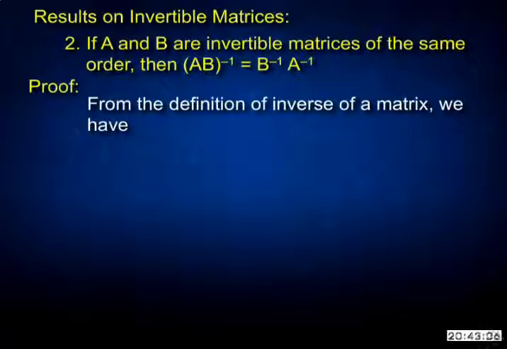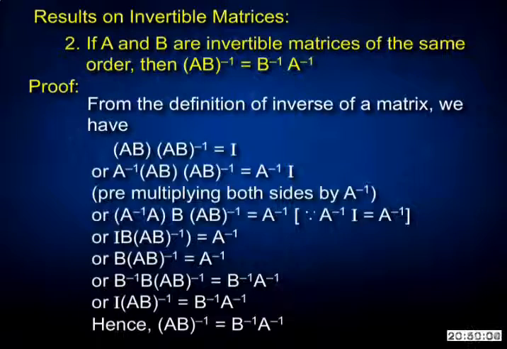We can prove this result by the definition of inverse of a matrix, as we know that the product of a number and its inverse is equal to I. So, the product of matrix A into B and their inverse is equal to I. That is, A into B into inverse of A into B is equal to I, which implies that A inverse whole multiplied by A into B whole multiplied by inverse of A into B is equal to A inverse into identity matrix I of the same order as matrix A and B.